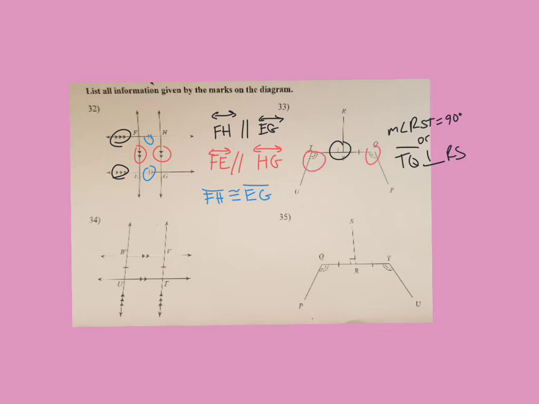I see arcs. Arcs means angles. So I'm going to put angle UTS. Remember, T's got to be in the middle. Is congruent to angle PQS.